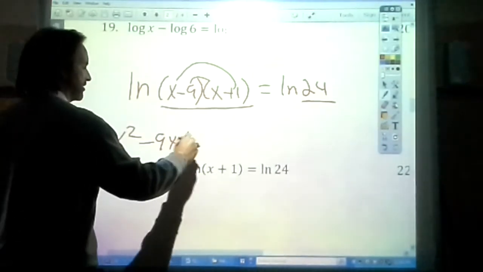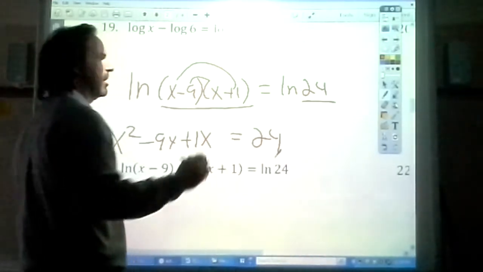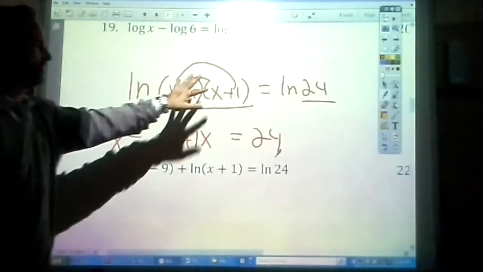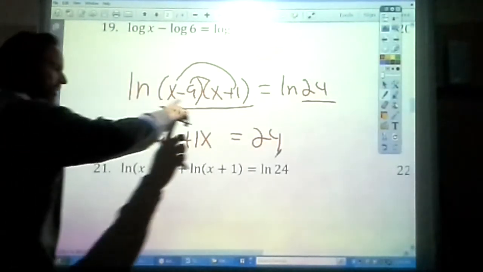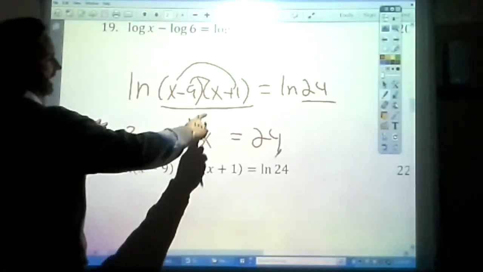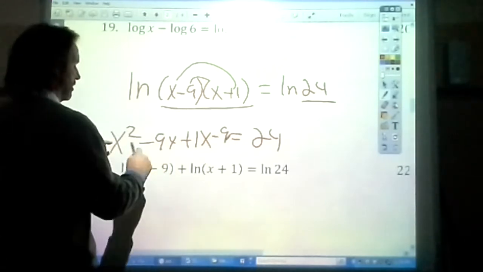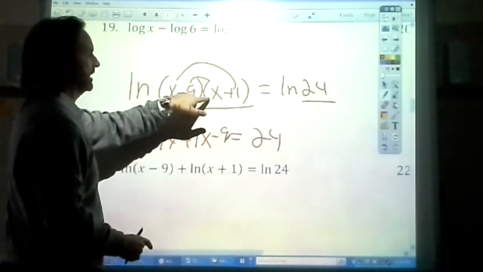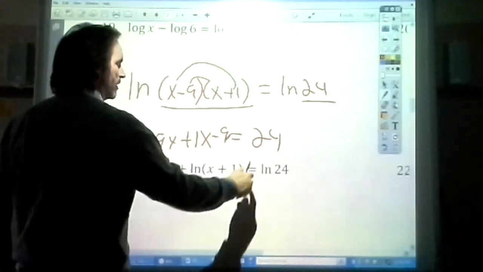My outer is plus 1x equals 24. So I don't care about the log anymore. They each equal each other, so this equals this. Anytime you have a quadratic equation, get everything on one side and 0 on the other. Okay, and I also forgot the last thing. Negative 9 times 1, that's minus 9. Okay, so x squared minus 9x plus 1x minus 9 equals 24.